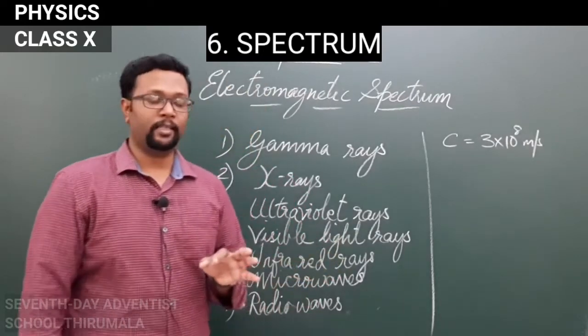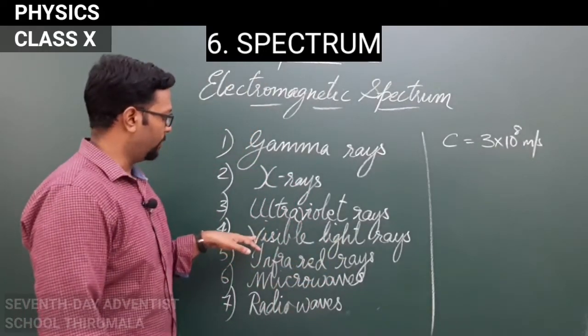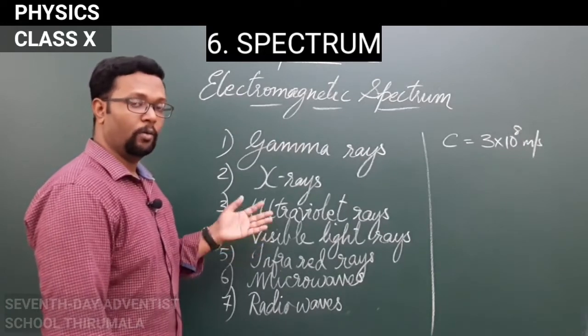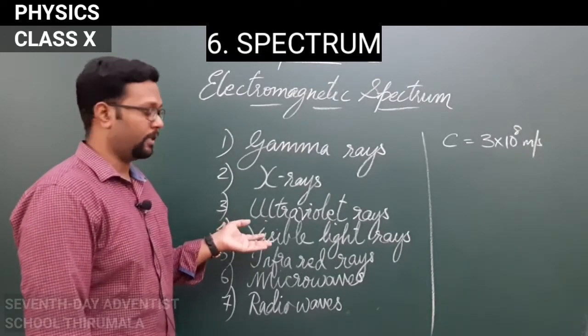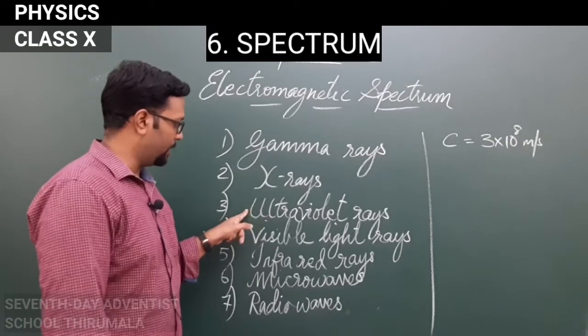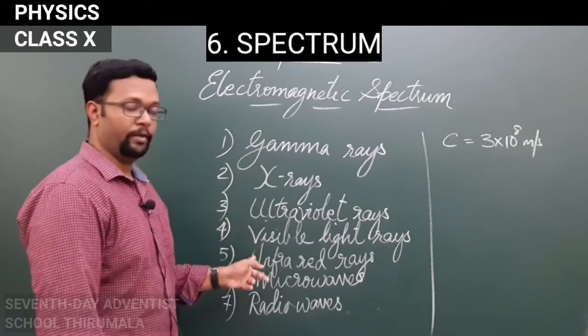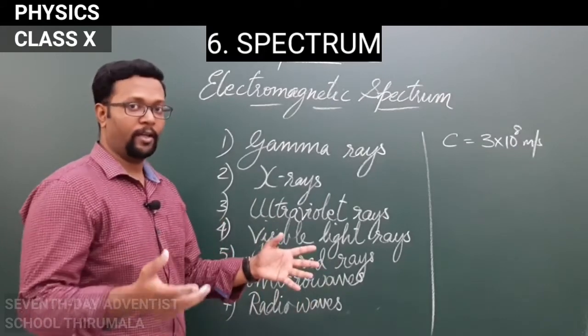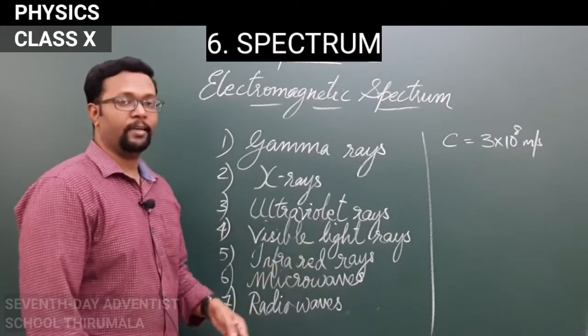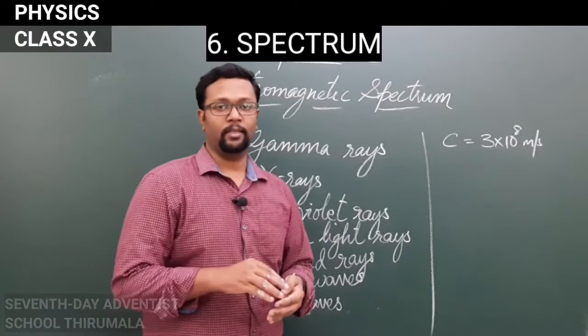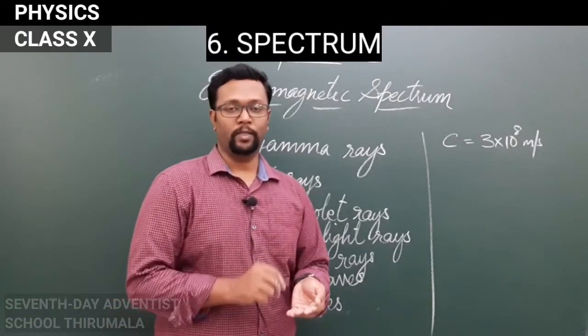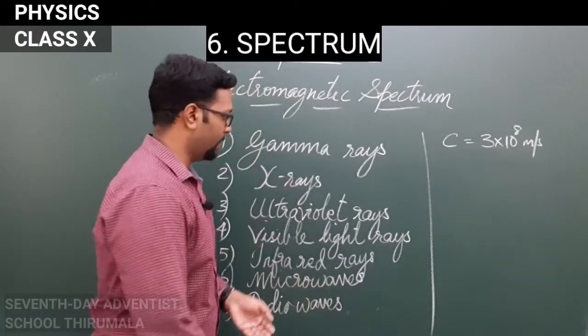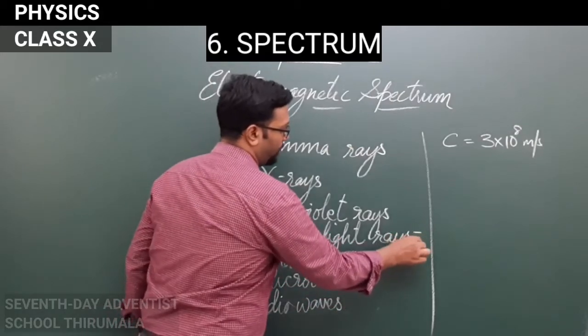Now we are going to discuss in detail the properties, sources and uses of ultraviolet and infrared. Infrared has a longer wavelength than visible light, and ultraviolet has a shorter wavelength than visible light. We know that visible light ranges from the violet region to the red region.